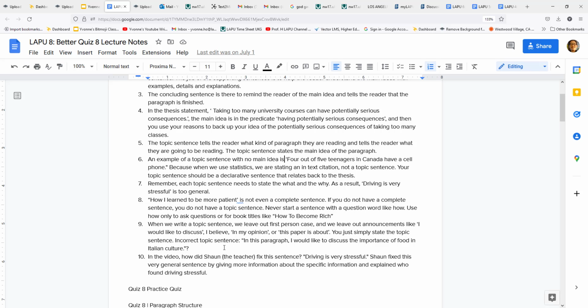So then you would just simply write, Italian food brings Italian families together. And then we take out, in this paragraph, I would like to discuss, because that's too much verbiage. And according to Strunk and White, which is a book that talks about how to write in a concise manner, you want to take out unnecessary words that make your essay sound too clunky.